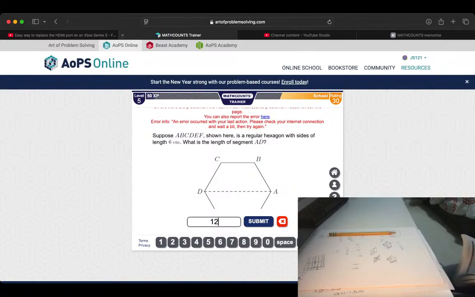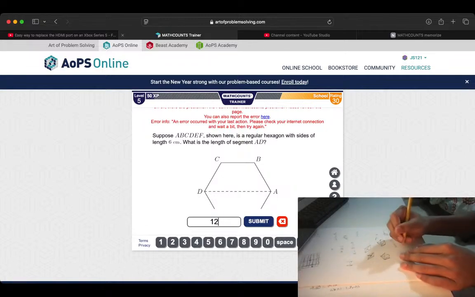See. Come on, give me hexagon. Okay, time to figure this out on my own.